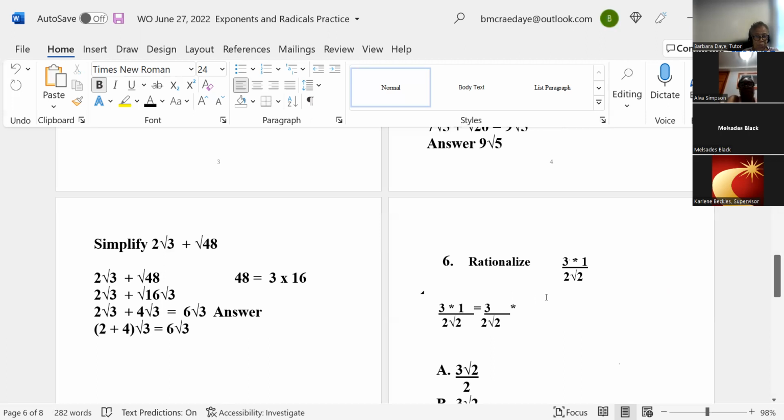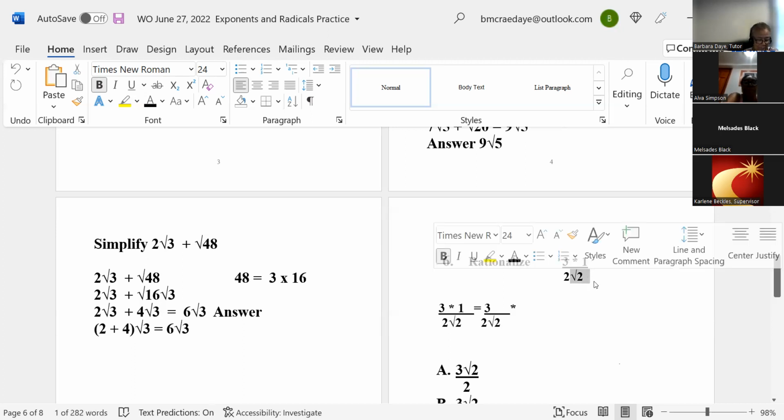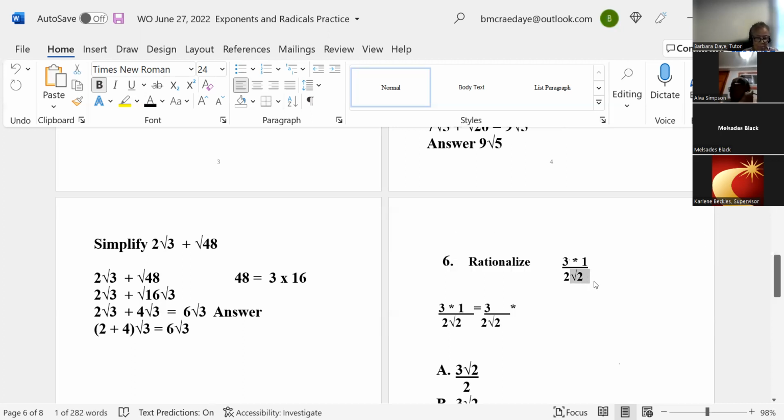Square root of 2 over square root of 2 is just 1, right? We pick the square root of 2 because that's what's in the radical.